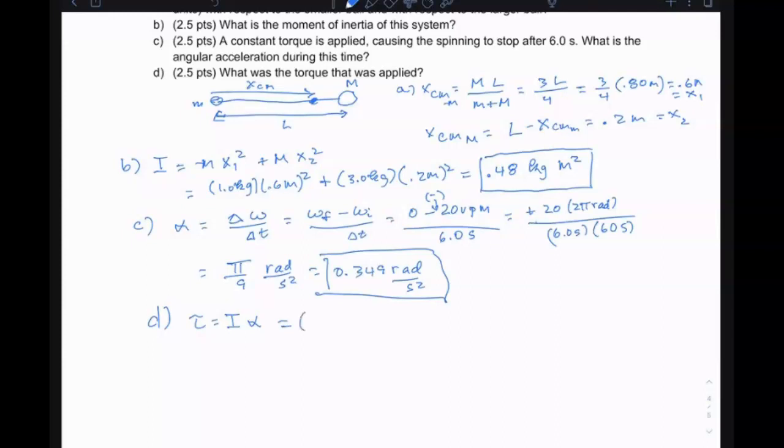So for the moment of inertia, we have 0.48 kilogram meter squared. And for the angular acceleration, we have 0.349 radians per second squared.